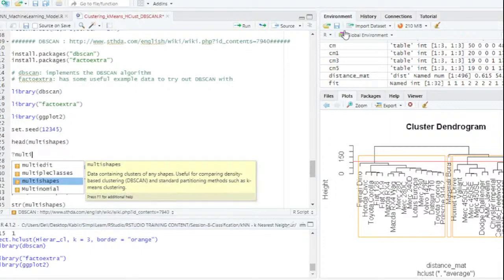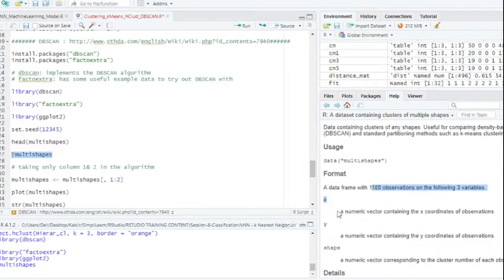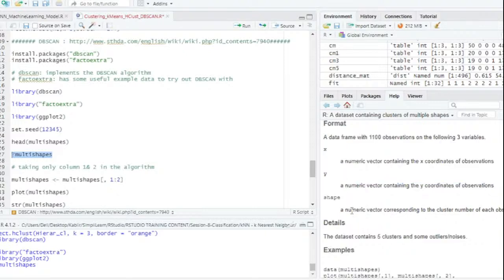Multi shapes is a dataset of 1100 observations across three variables: x, a numeric vector containing the x coordinate; y, a numeric vector containing the y coordinate; and shape, a numeric vector corresponding to the cluster number of each observation. So this multi shapes is clustered.